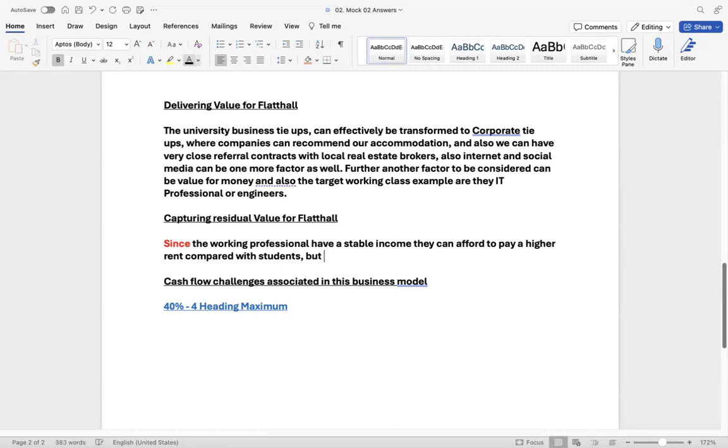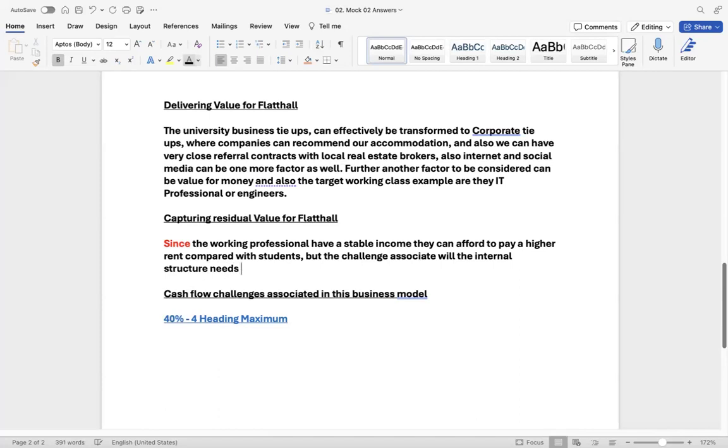But the challenge associated will be the internal structure needs to be updated as well.